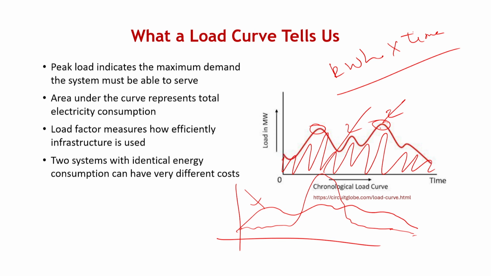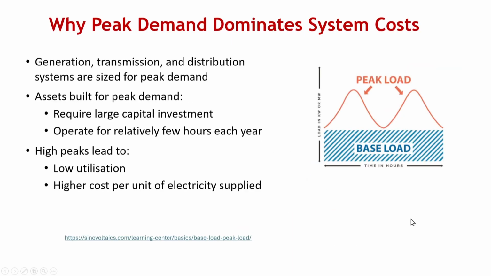In terms of the grid, I would need to design the grid as per this power in case A, and in case B only up to this peak power. So the same overall consumption could mean a very different overall system design requirement. This variation becomes very interesting for us to understand.